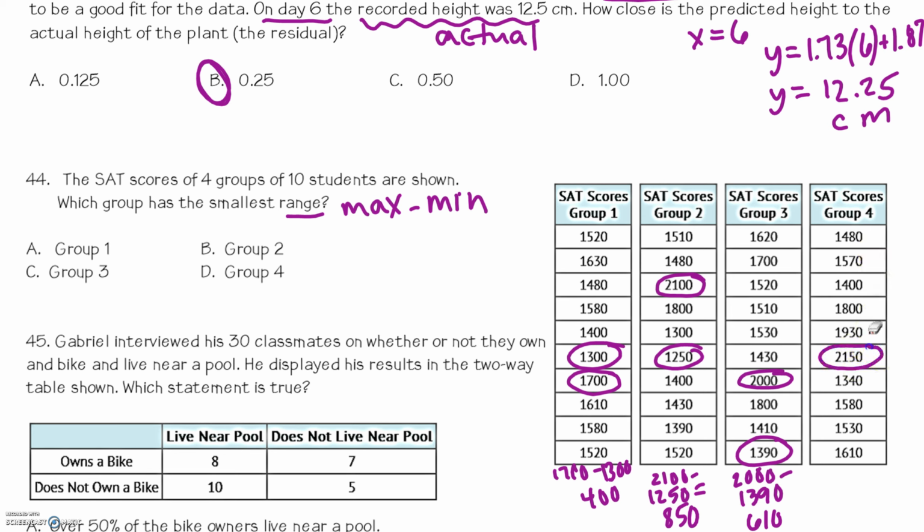That looks like the maximum. And let's see, minimum. Okay, 1400. Is there anything less than 1400? Oh, there's 1340. There you go. So 2150 minus 1340, and I get 810. So the group that had the smallest range was 400. So that would be group number 1. Okay?